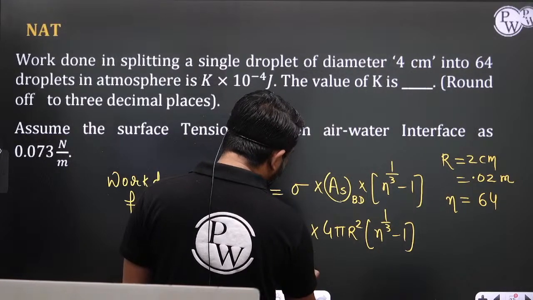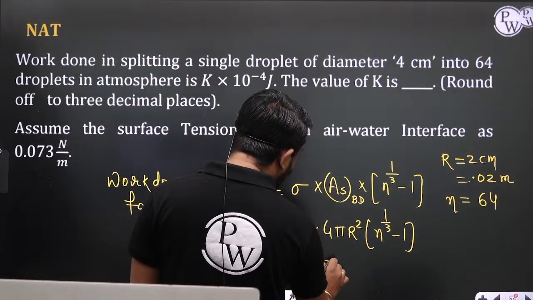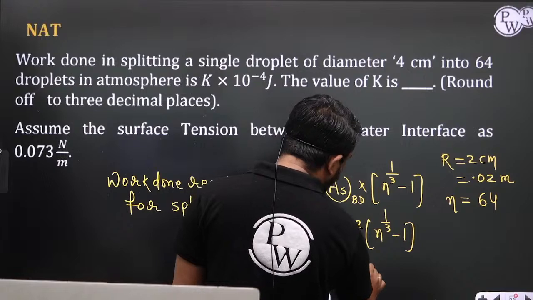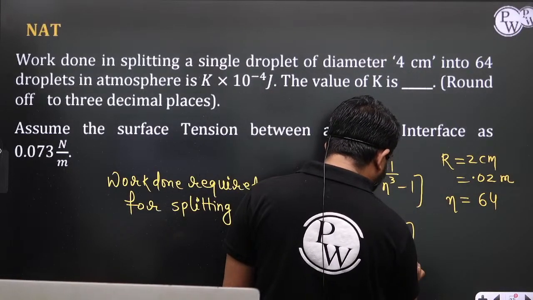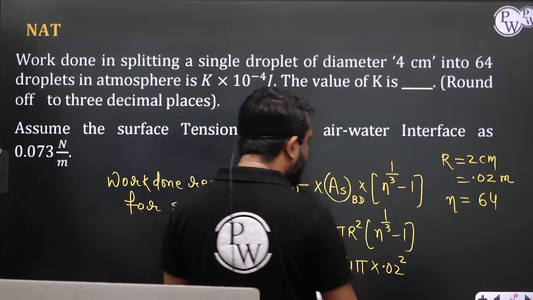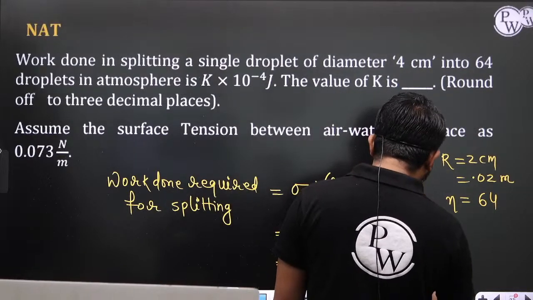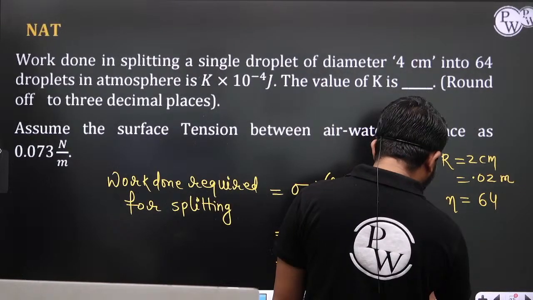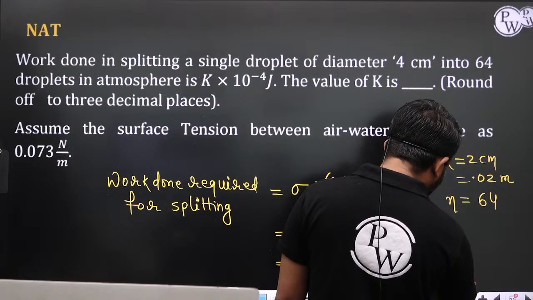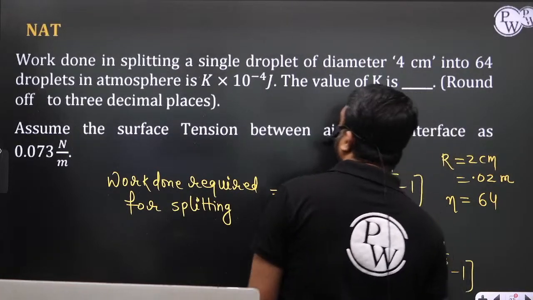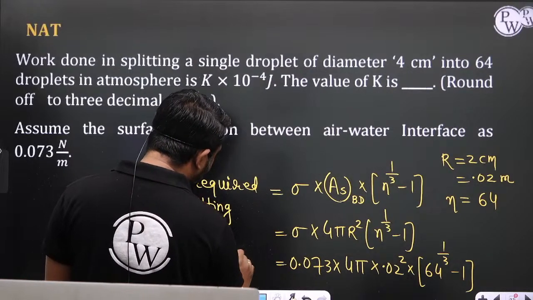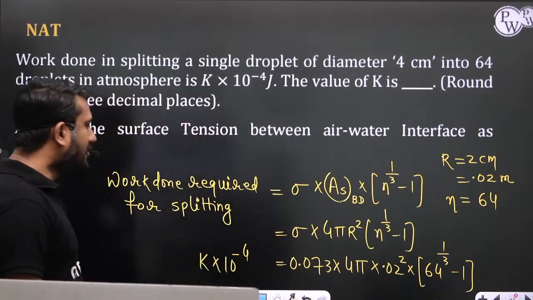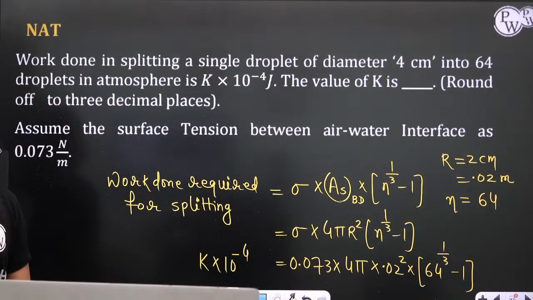So this is 0.073 multiplied by 4 pi into 0.02 square into 64 to the power 1 by 3 minus 1. And this value is equal to K multiplied by 10 to the power minus 4.